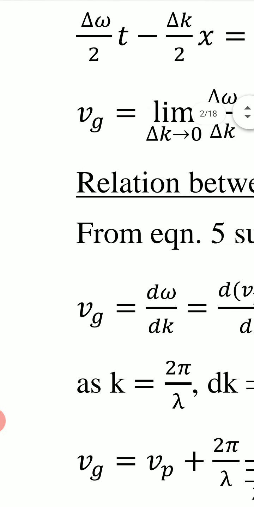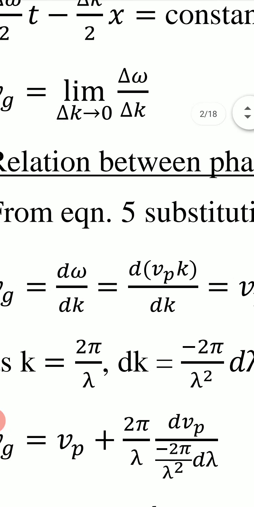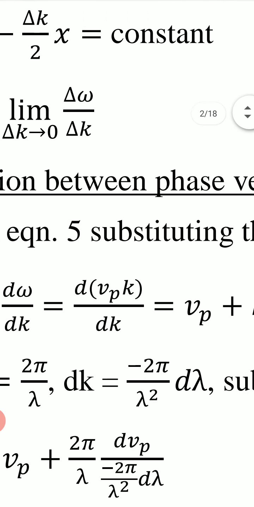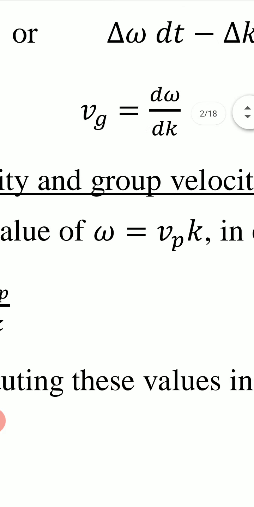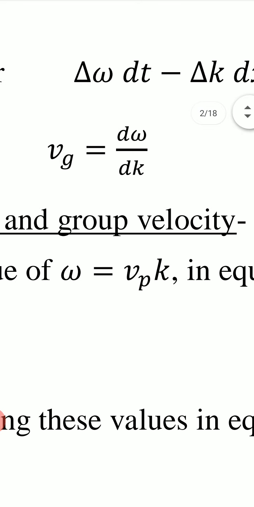Now we find the relation between phase velocity and group velocity. From the definition of Vp, Vp is omega upon k, so we have omega equal to Vpk, and we substitute this value of omega in the expression for Vg.